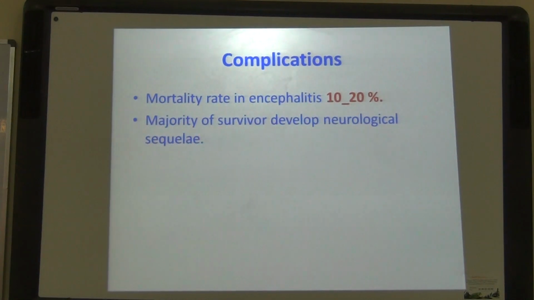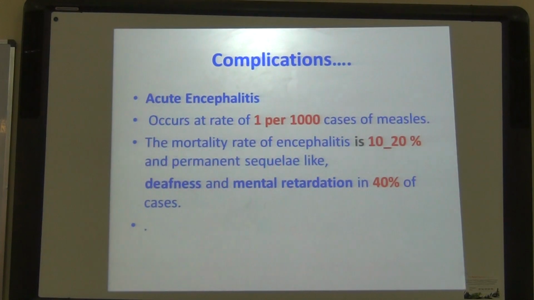So there are some complications after convalescence. One is acute encephalitis, which occurs at a rate of 1 per 1,000 cases of measles. The mortality rate is 10 to 20%, and permanent sequelae like deafness and mental retardation can occur in 40% of the cases.